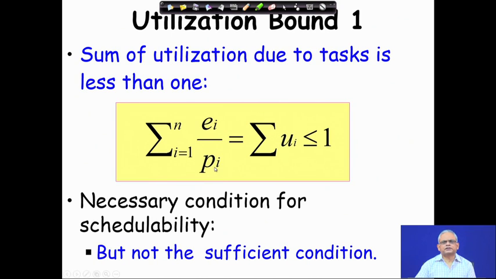The same expression, sigma E_i by P_i less than or equal to 1, was both necessary and sufficient for the EDF schedulers, but here it is just a necessary condition. We have to first check whether sigma E_i by P_i is less than 1, then we can look for other utilization conditions. Otherwise, if even this condition is not met, obviously it will not be schedulable under the rate monotonic algorithm.